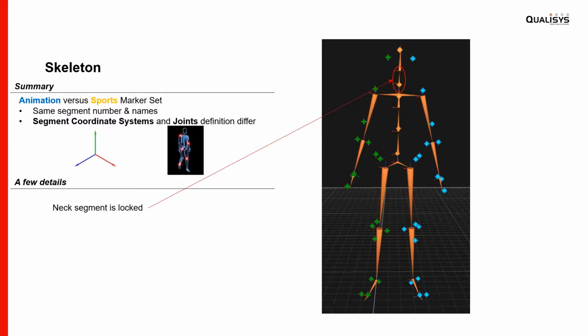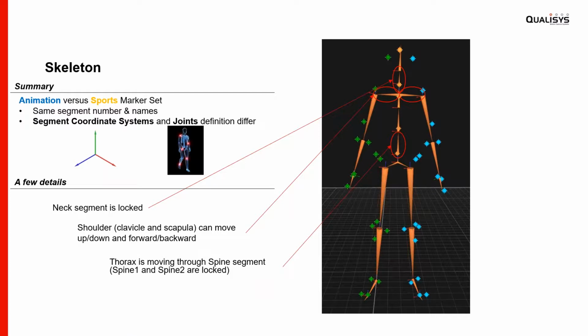A few details that you might want to know: the neck segment is locked since we don't have many markers on the back. So we had to lock a few segments. The shoulder, which represents the clavicle and the scapula, can move up and down, and forward and backwards.